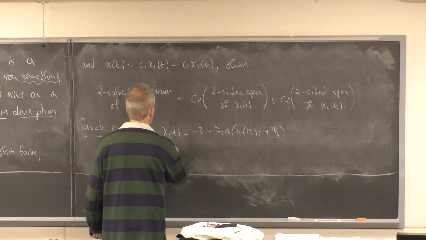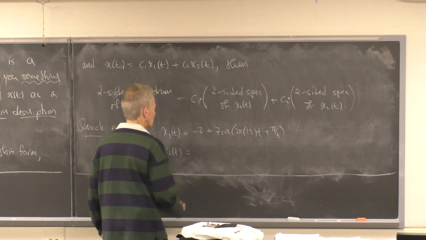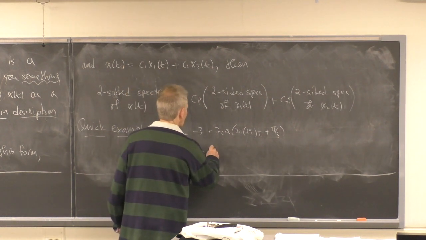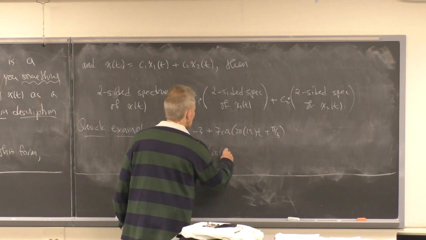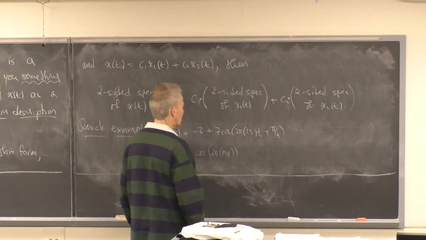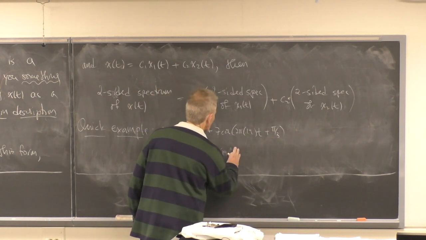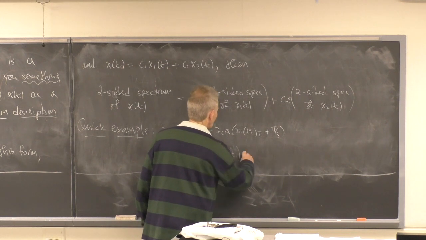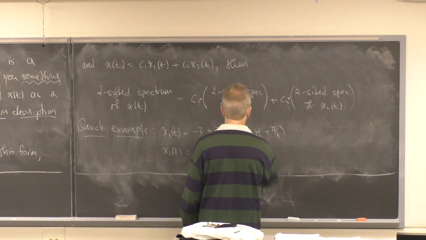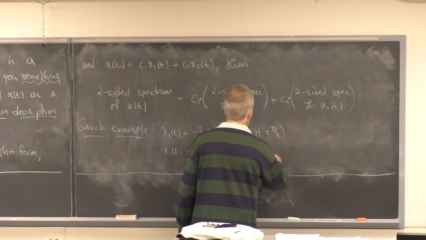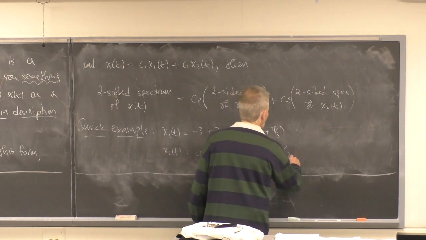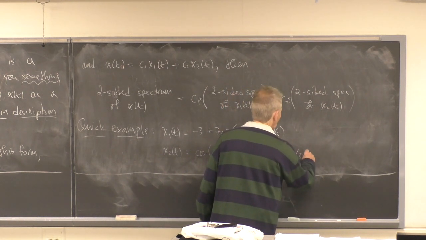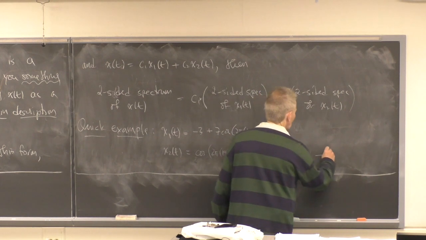And x2 of t is equal to cosine of 2 pi times 19t, I put the parentheses to be consistent, plus 13 cosine of 2 pi times 31t minus pi over 5.